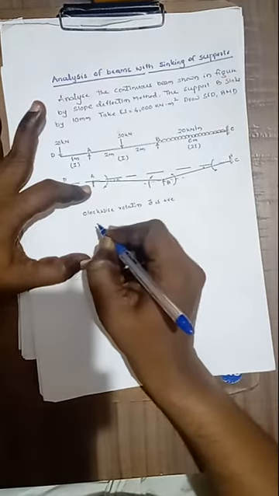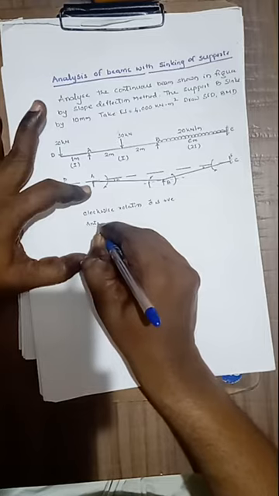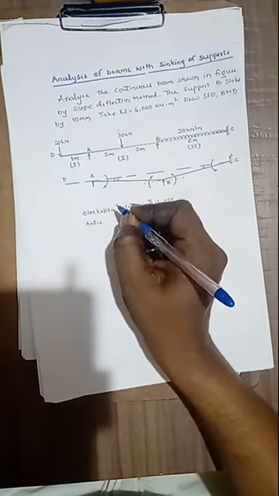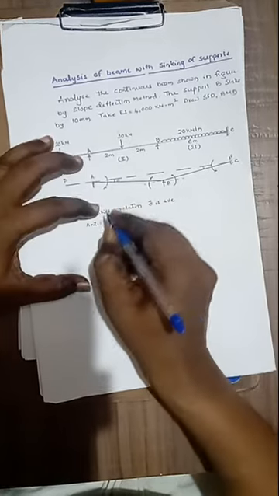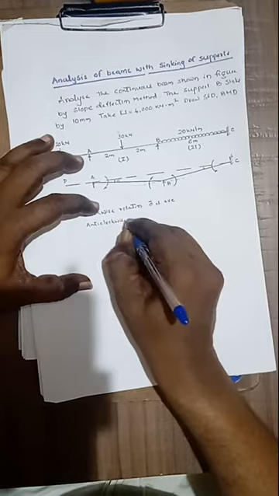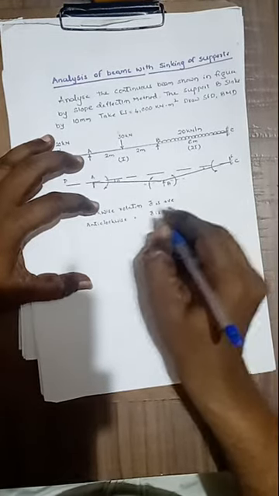You can consider the sign convention like this also. If the rotation is anti-clockwise, delta is negative in different spans.